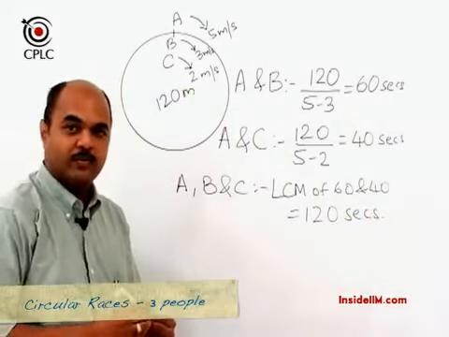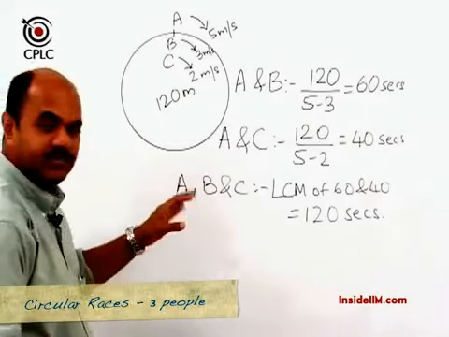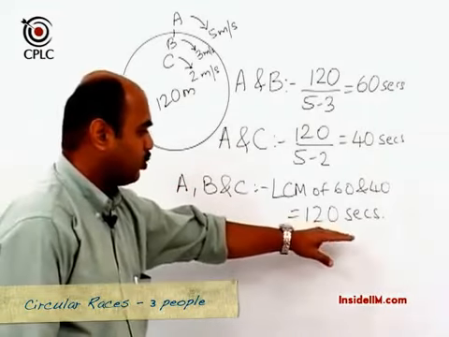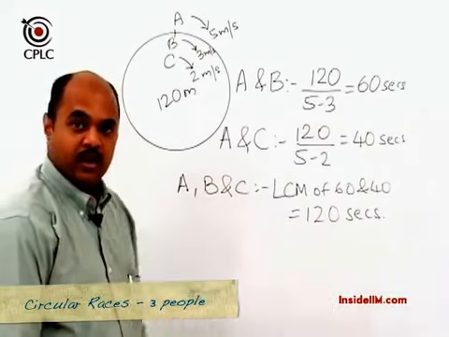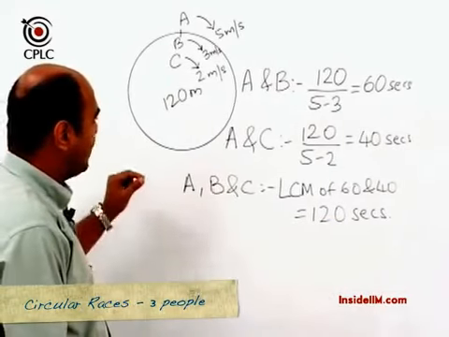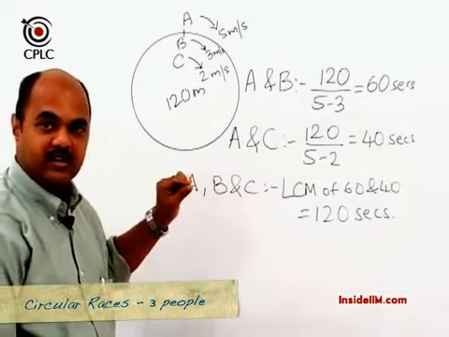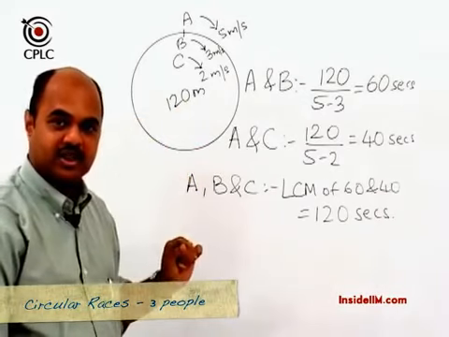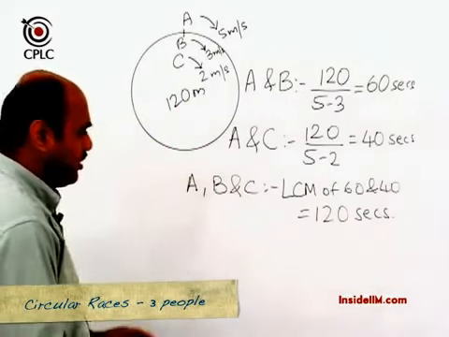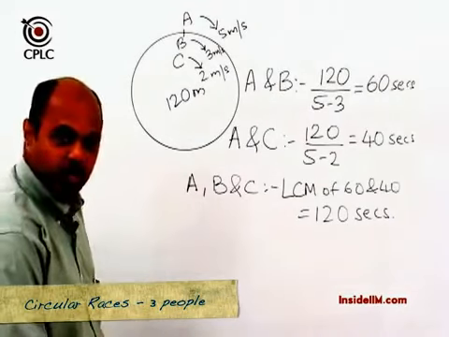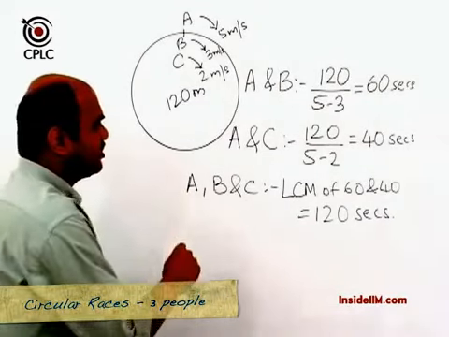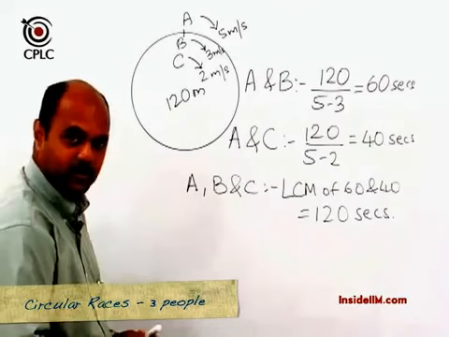So all the three people meet for the first time after 120 seconds. If the question now is, when will all three people meet at the start point for the first time after they start, the method would remain the same, which is we find each person's time of reaching the start point.